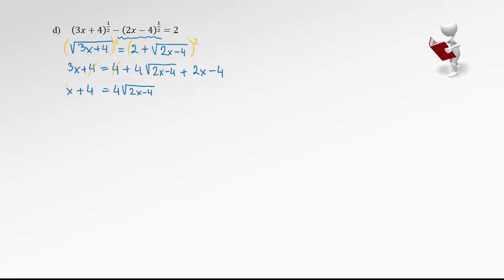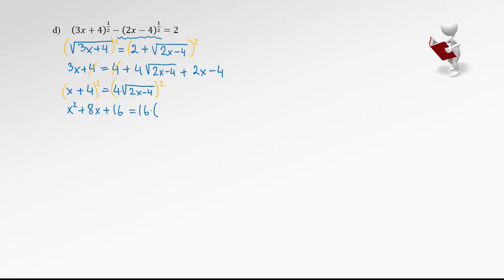Now we are ready to square again. Square both sides. And one more time, apply the perfect square formula to the left-hand side this time. So square of the x squared plus double the product, which is 8x, plus last term squared, which is 16, equals square of the 4, which is 16, square of the root has to be written in a bracket because of this multiplication by 16 here.